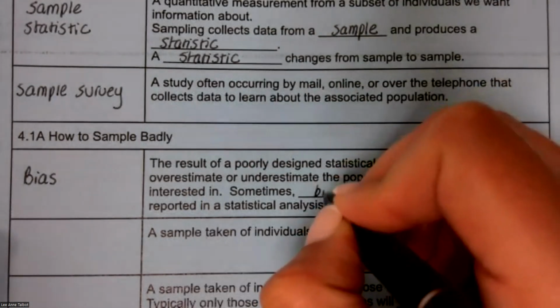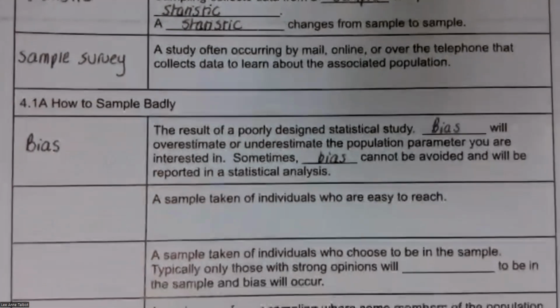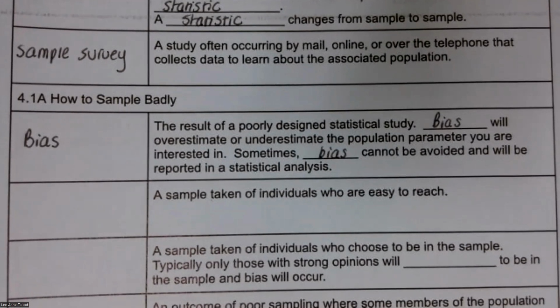Sometimes bias cannot be avoided and will be reported in a statistical analysis. We call that the cover our butts clause at the end of our report, saying that we couldn't avoid some of the bias in this, we know about it, and so on.